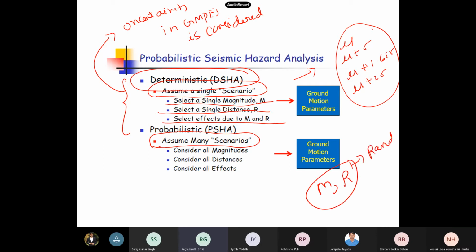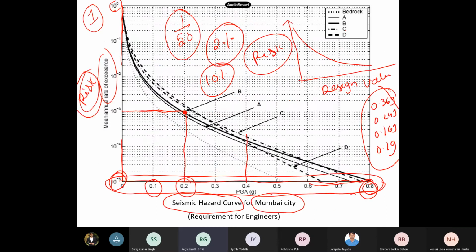So we consider all possible magnitudes, all possible distances, all kinds of effects, and finally come up with a curve where you have the design value, and the y-axis is the risk or mean annual rate of exceedance. This is what modern design does, the probabilistic seismic hazard analysis.